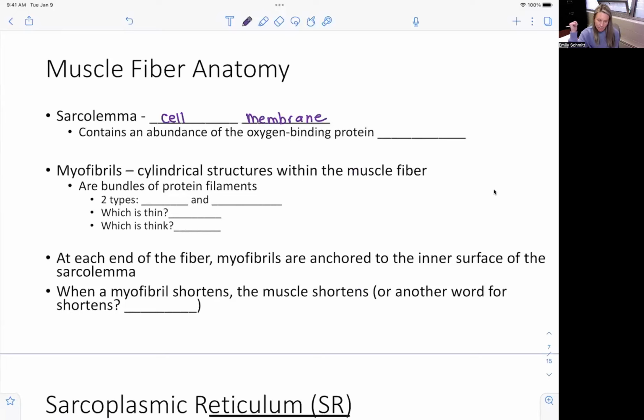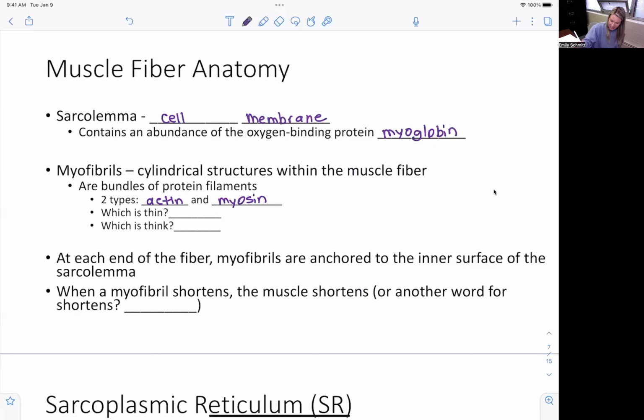And this contains an abundance of the oxygen-binding protein myoglobin. And myofibrils are these cylindrical structures within the muscle fiber. There are two types called actin and myosin.